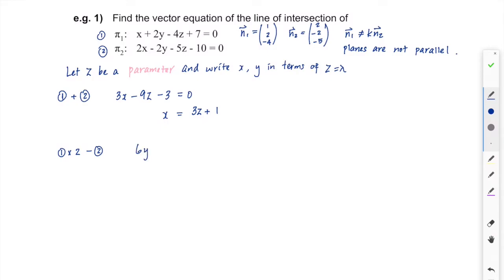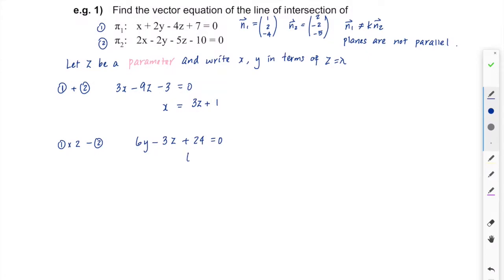Negative 8z plus 5z is negative 3z, and so on for the constants. Next we isolate 6y = 3z - 24. Divide both sides by 6. I can factor 3 from the numerator, so y = (z - 8)/2.